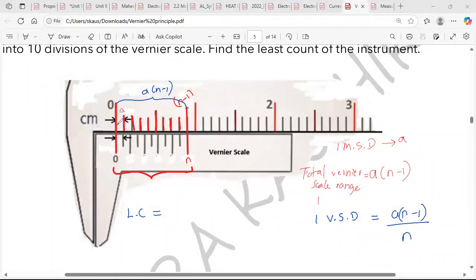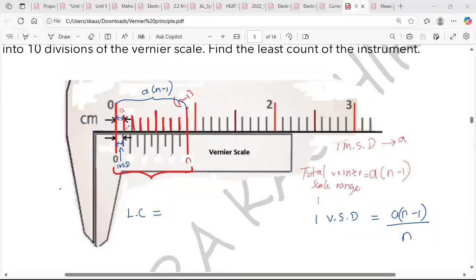So how much does it have to be moved? This is the value of one main scale division. This is the value of one vernier scale division, right? This is 1 VSD. This is a, one main scale division.